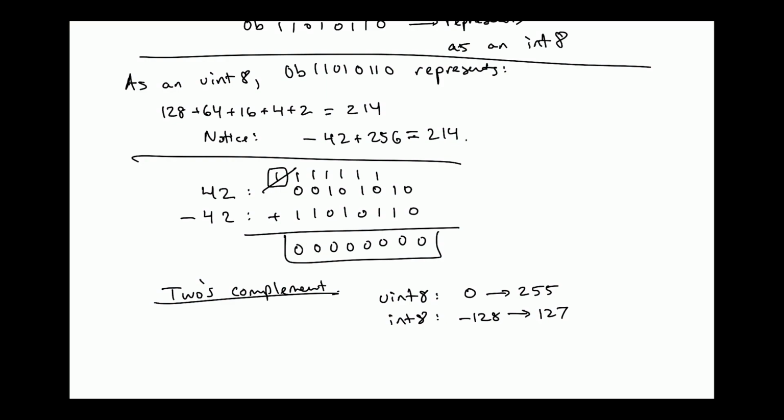All right, now do we agree that 0 definitely has that property? Right? That's obvious. It's whether or not there's a second answer that's not so obvious. Okay, so let's take minus 128, and negative 128 as an int 8 is 1 followed by all zeros.